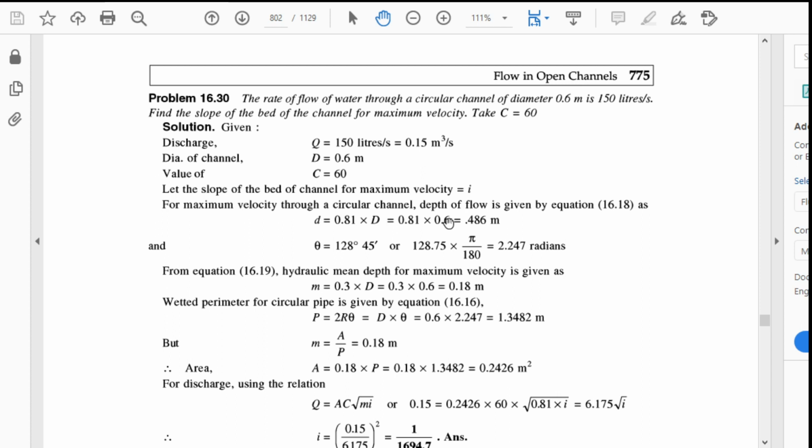You just have to remember all the formulas related to the maximum velocity condition and the maximum discharge condition.